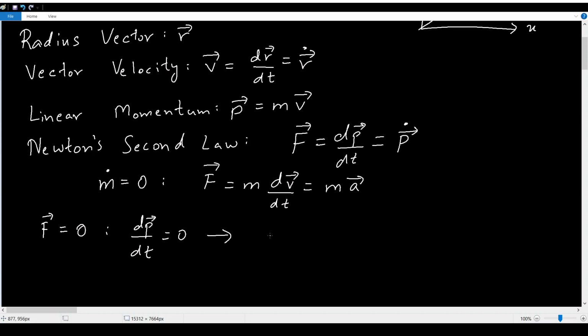What does that mean? That means that p is a constant. The momentum is a constant vector. So this is the law of conservation of linear momentum. If the force on the particle is zero, then its momentum is conserved.